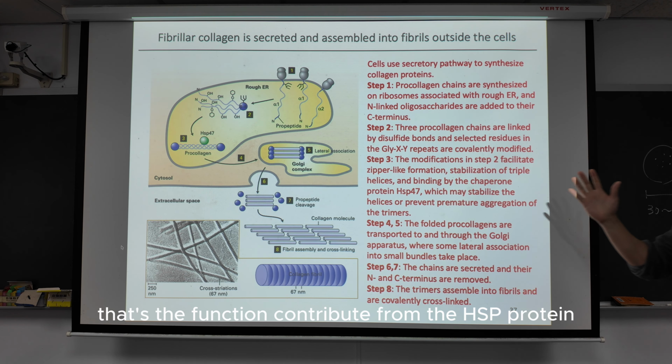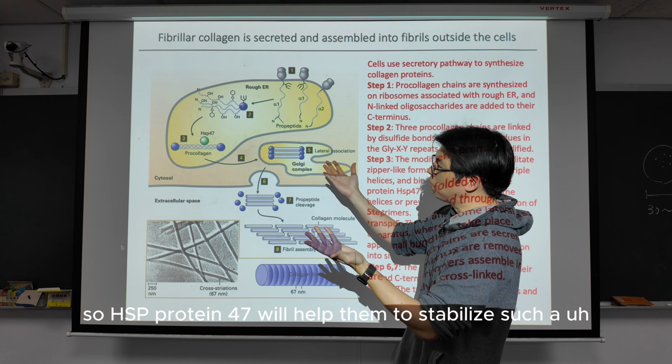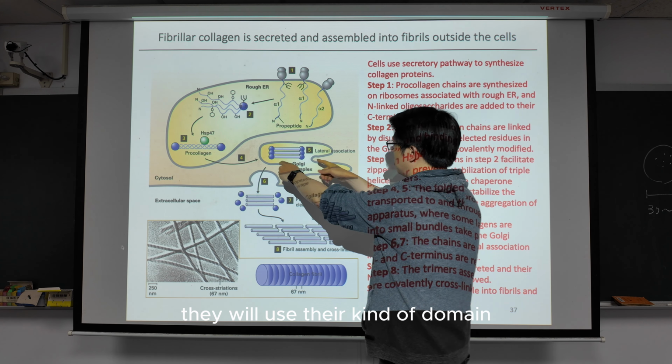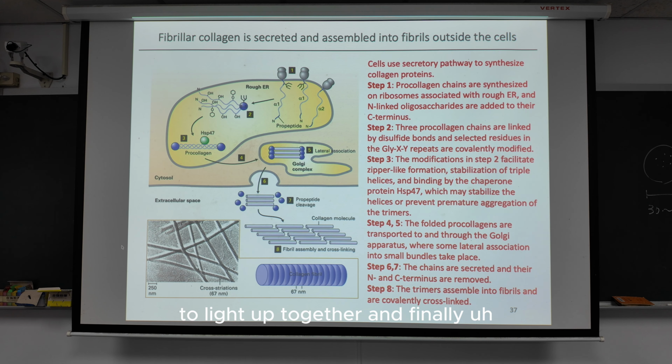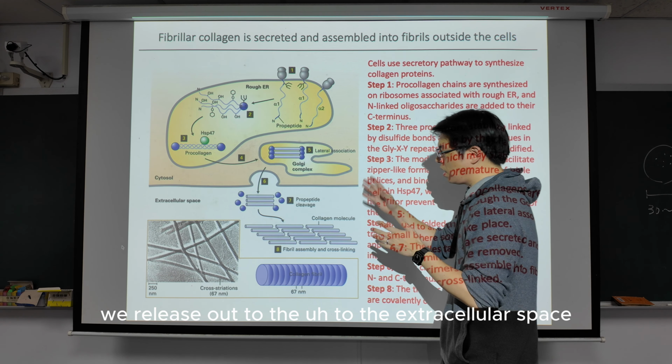That's the function contributed by the HSP47 protein. Okay, so HSP47 will help stabilize such a protein structure and prevent premature or unnecessary protein aggregation. Then they will use their domains to do the lateral association to line up together. And finally, they are released out to the extracellular space.